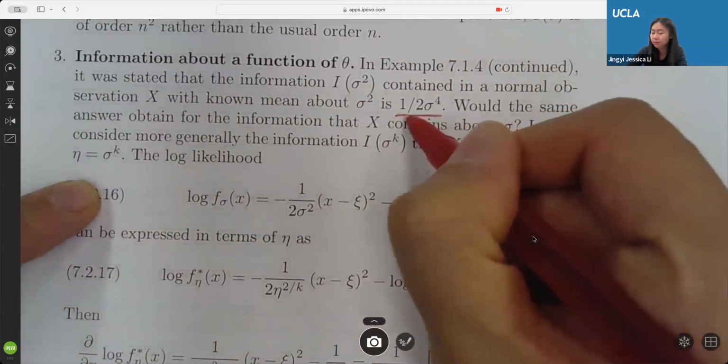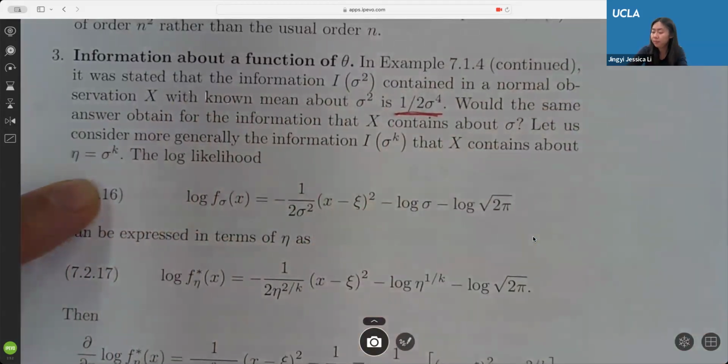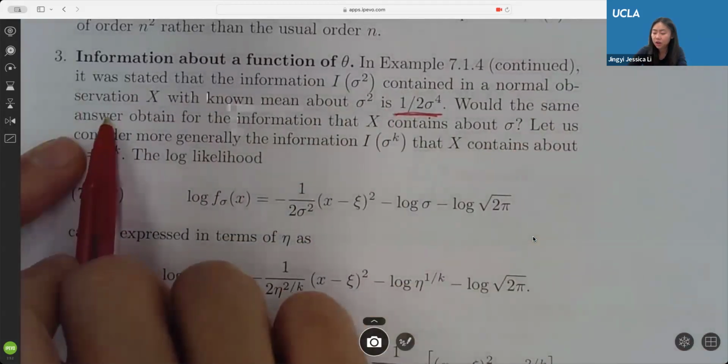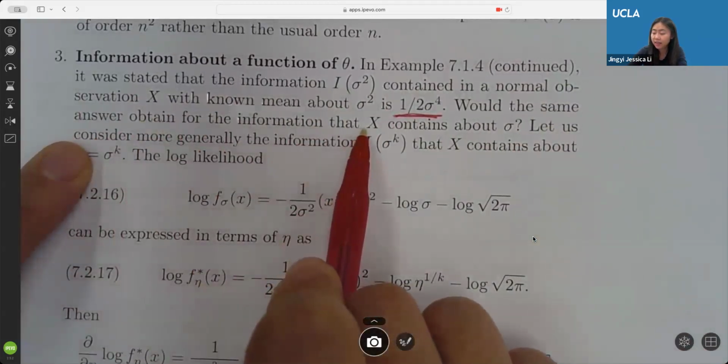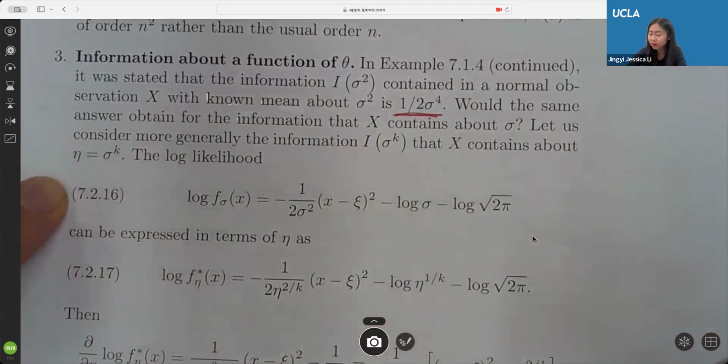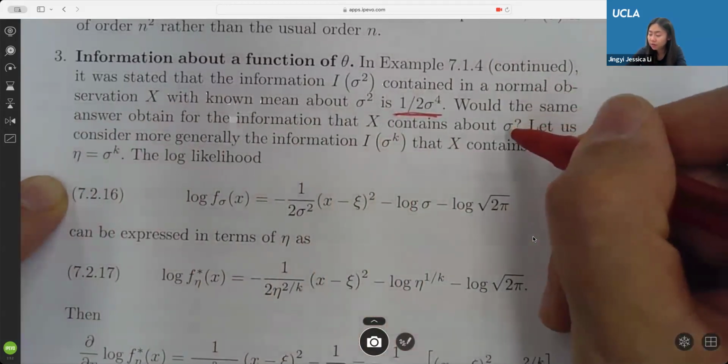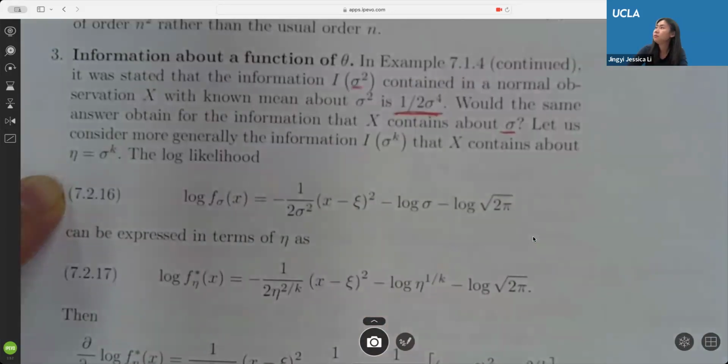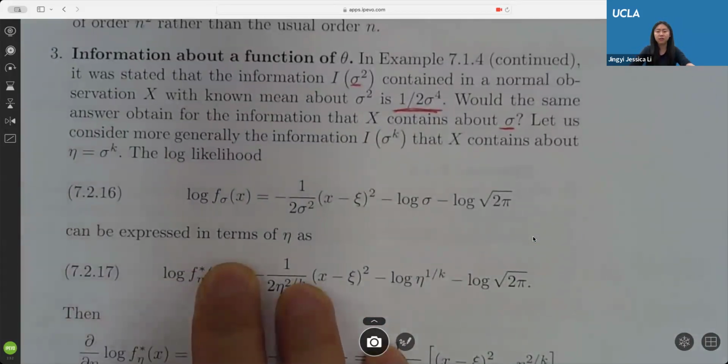We have this result, right? Because it has nothing to do with the mean. Would the same answer obtain for the information in X contained about sigma? So essentially, we're asking about the Fisher information about sigma, not sigma squared, because sigma squared is the variance parameter, sigma is the standard deviation.